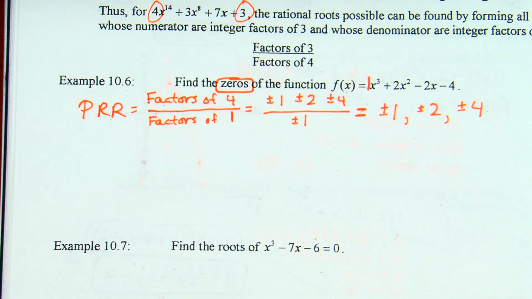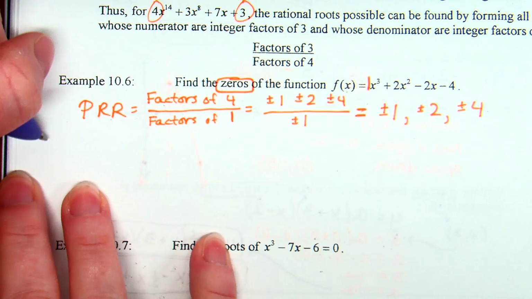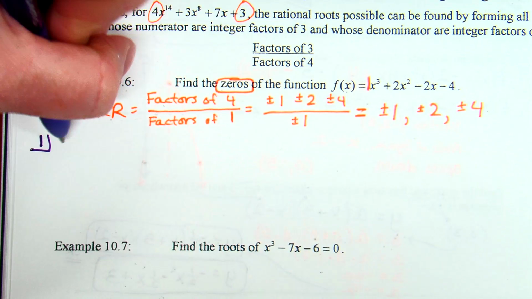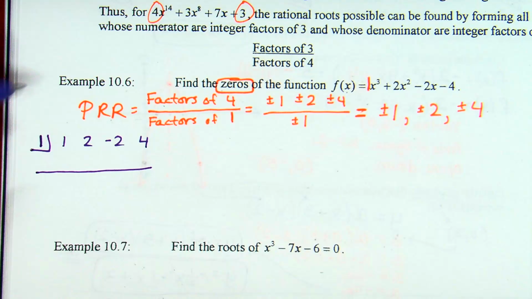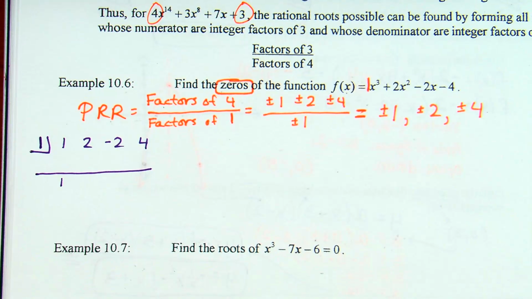Whatever makes you happy there, right? So, if I start by using 1, then what's going to go on that top row is 1, 2, negative 2, and 4. And do your synthetic division real quick. I know sometimes in pre-cal we'd check the calculator, wouldn't we? But I'm trying to avoid that here, so.